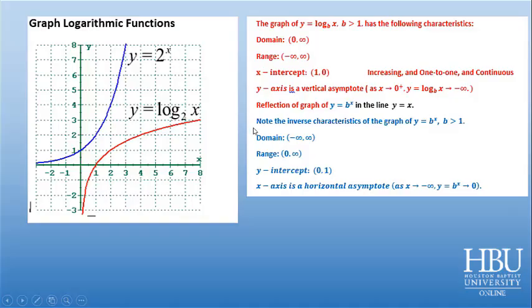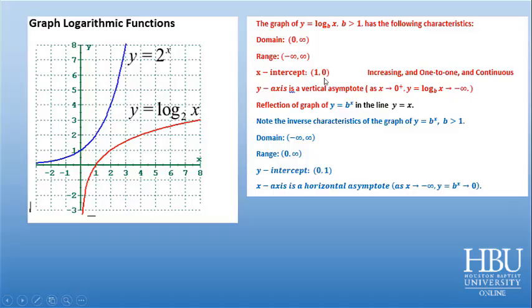And think about it, you already have learned that if you have two functions that are inverses of each other, the domain of one corresponds to the range of the other, and the range of one corresponds to the domain of the other one. That works here as well for the logarithmic function and the exponential function that are inverses of each other.